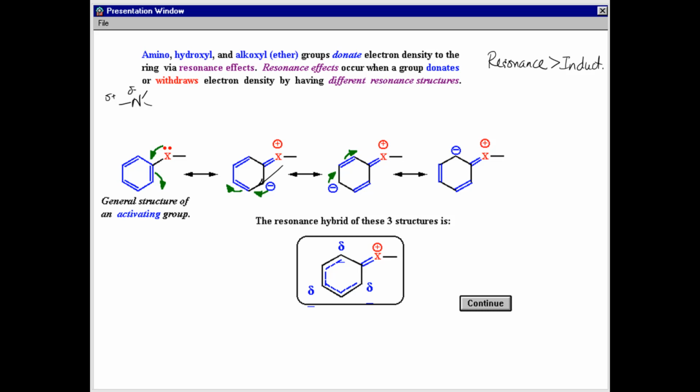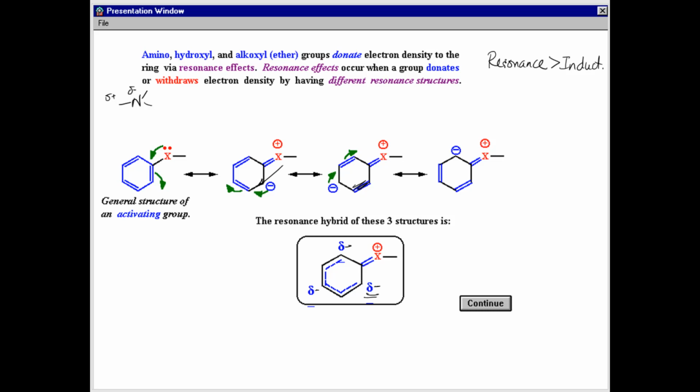Okay, so I can form these three resonance structures by taking this pair of electrons on this carbon, using it to form this double bond, and then breaking this bond and putting that negative charge on this carbon. Then go here, and then put the negative charge up here. So the net result is that, at the expense of the nitrogen, I have given this benzene ring slightly more electron density and made it react faster.